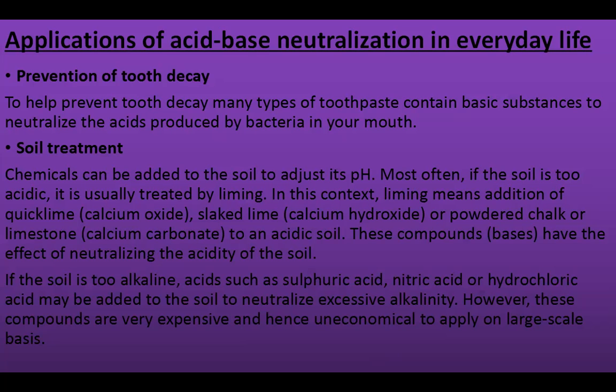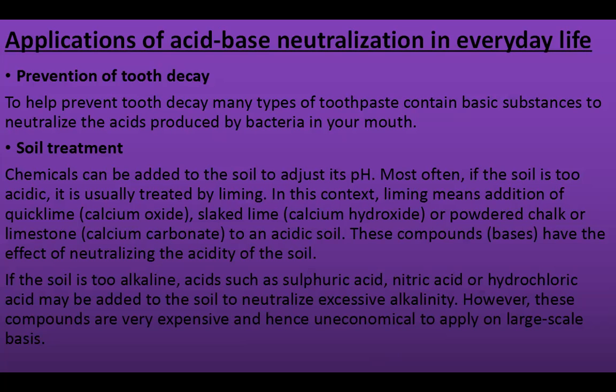In this context, liming means the addition of quicklime, that is calcium oxide, slaked lime, that is calcium hydroxide, or powdered chalk or limestone, which is calcium carbonate, to an acidic soil. These compounds have the effect of neutralizing the acidity of the soil. So it helps to neutralize the soil to be useful for agricultural activities.